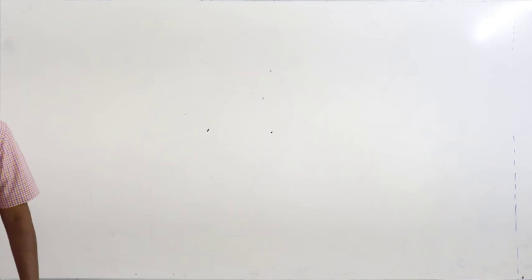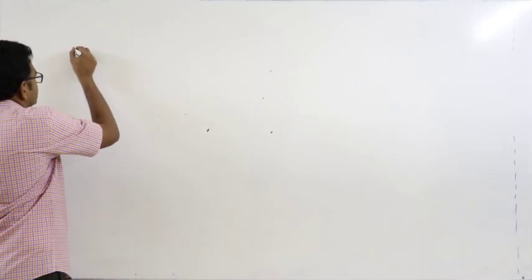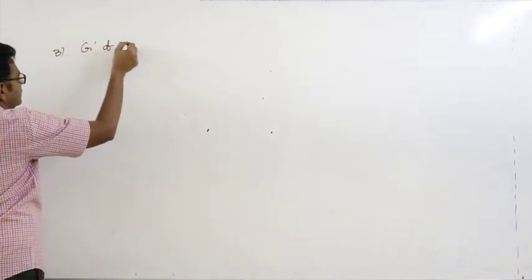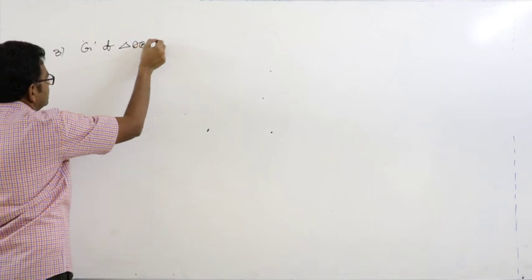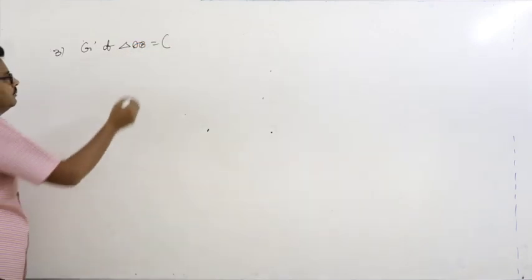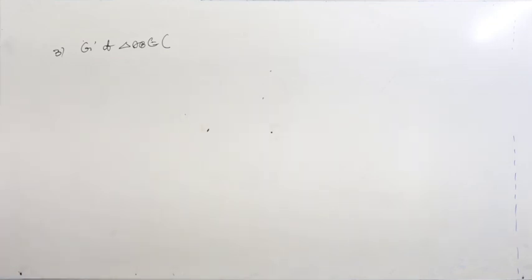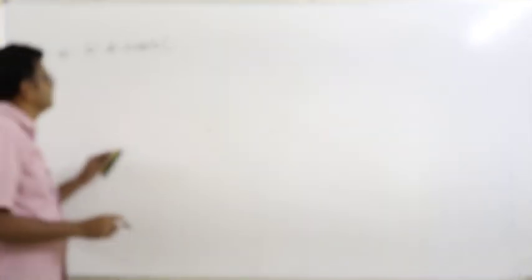Next one, the centroid of triangle ABC is 2 comma 7.